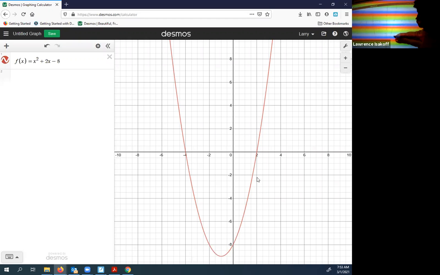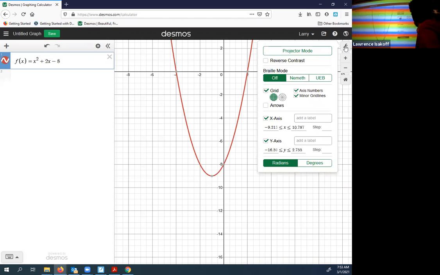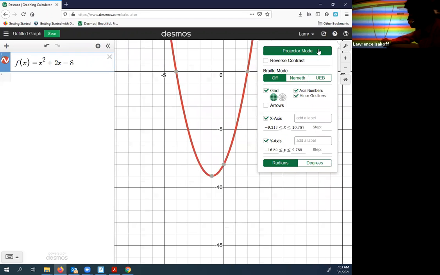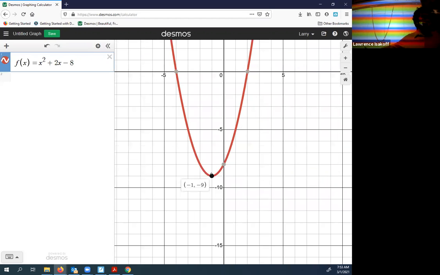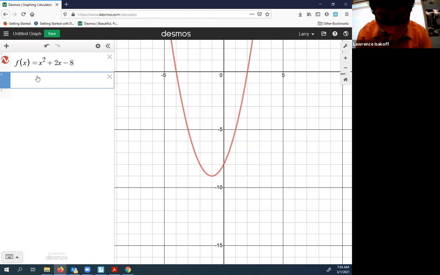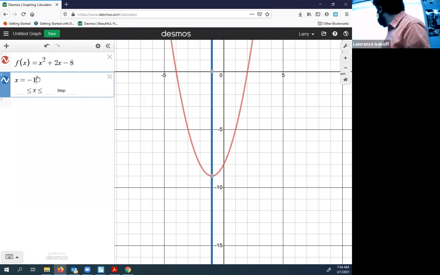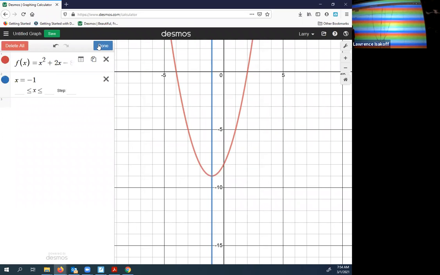For those of you in the classroom, I might want to move that up a little bit. Oh, and changes to projector mode. There we go. There's my vertex, -1, -9. So that also means my axis of symmetry, if I wanted to put that into Desmos, would be x equals -1. Notice it is symmetrical about that.